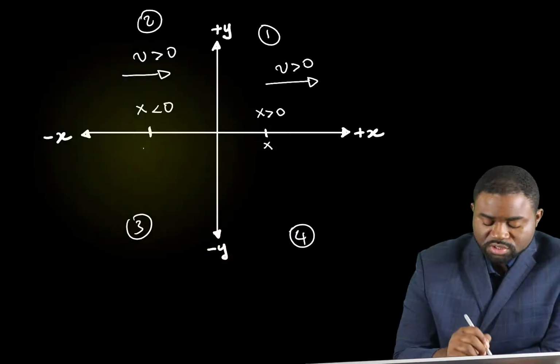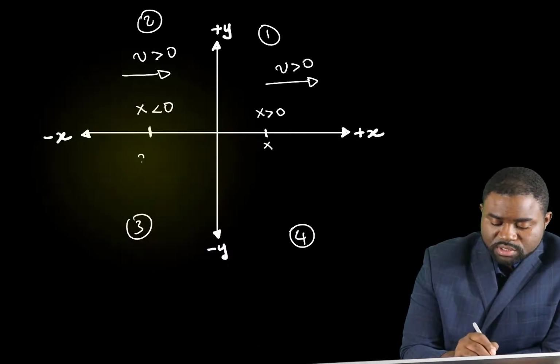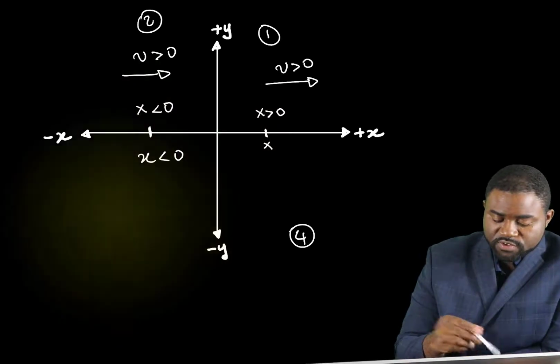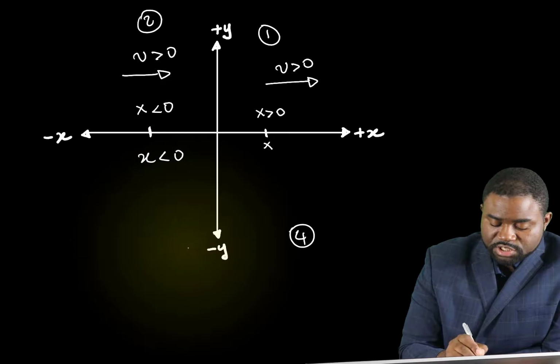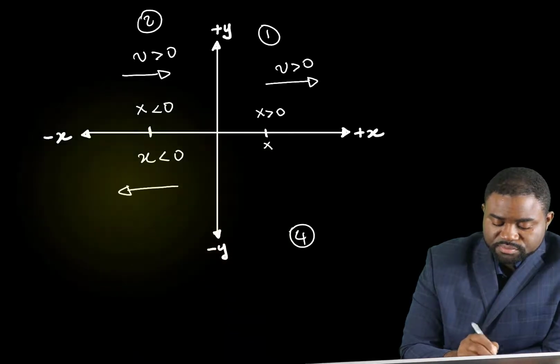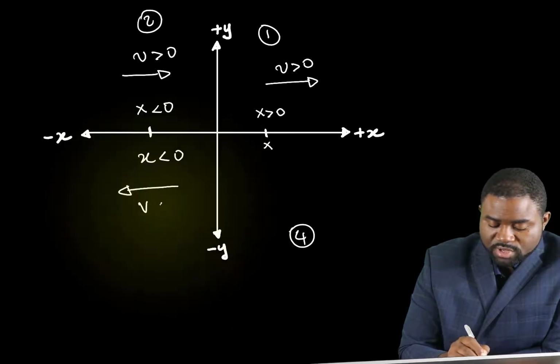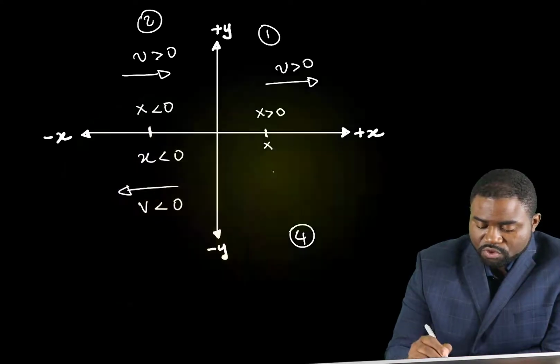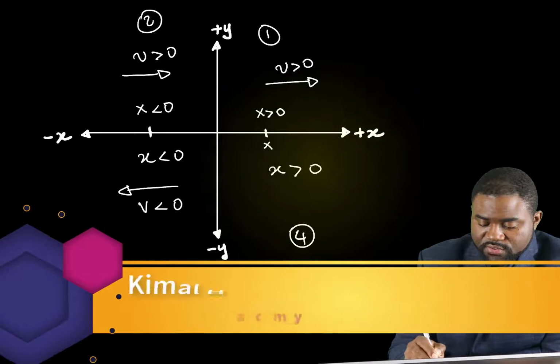If the object is located in the third quadrant, x is less than 0. Now, here's the deal. If the object is moving in this direction, v will be less than 0. If the object is located in the fourth quadrant, x will be greater than 0.